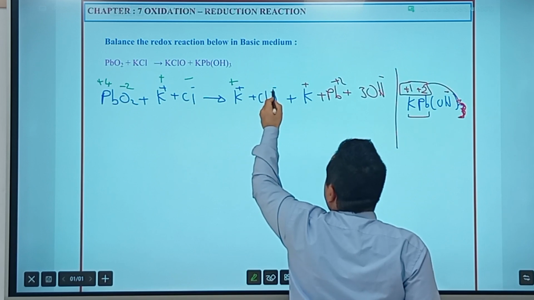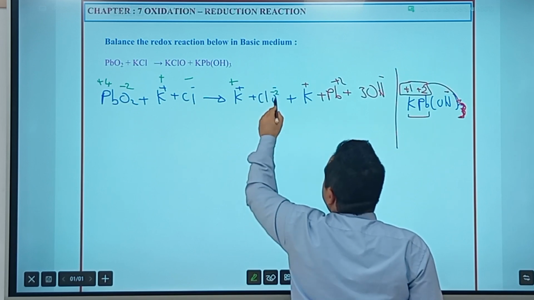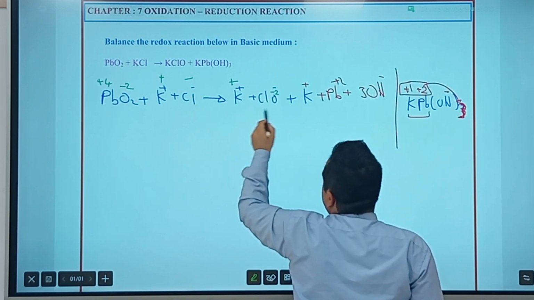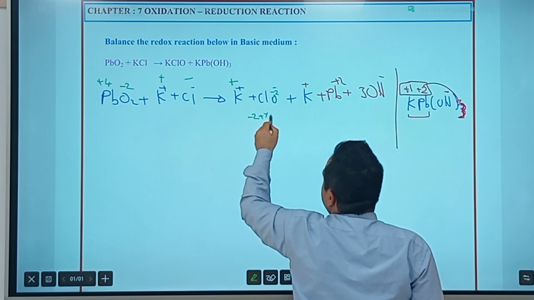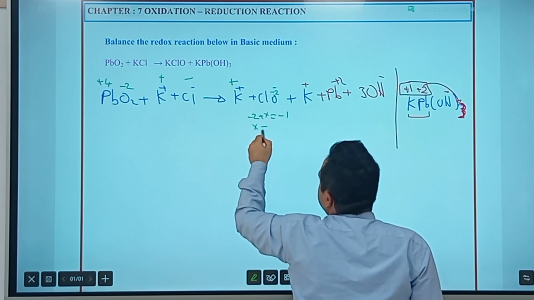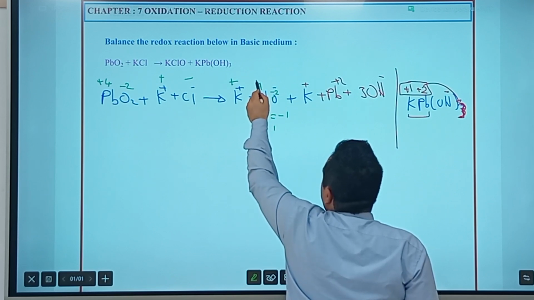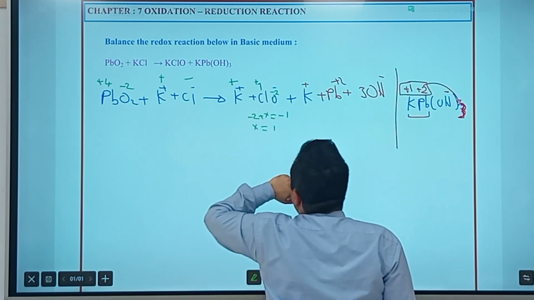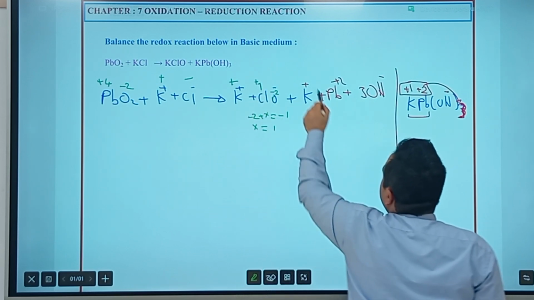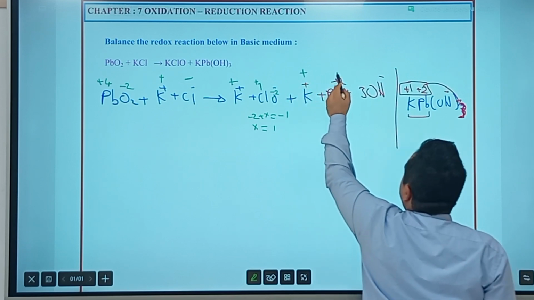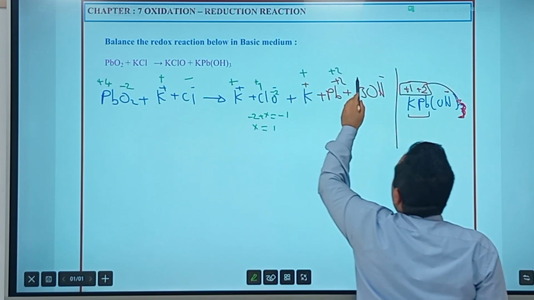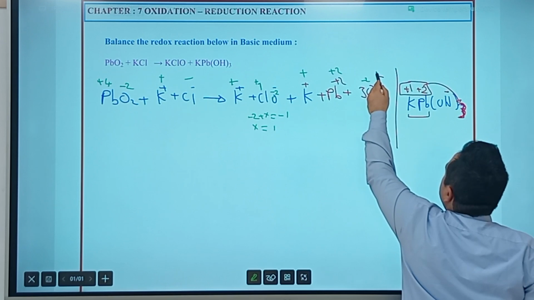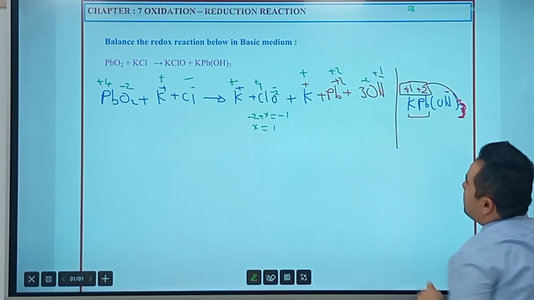The oxidation number of the oxygen is -2, so -2 plus X equals -1. X is equal to 1. So the oxidation number of Cl is plus 1 in this case. K again is plus 1, Pb is plus 2, and oxygen -2, hydrogen plus 1.